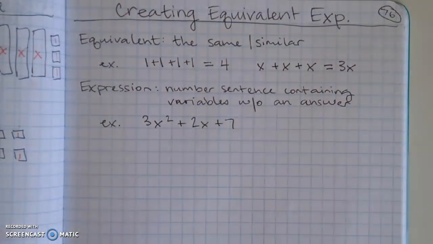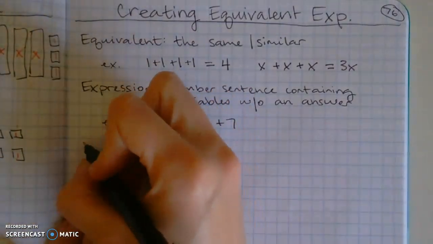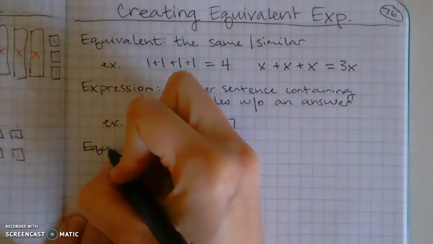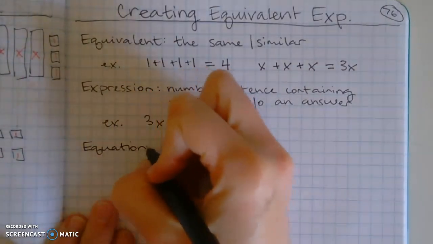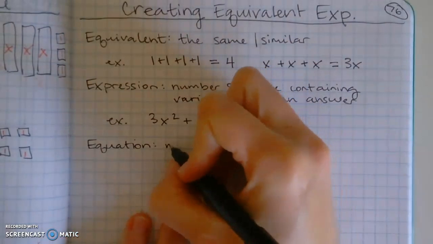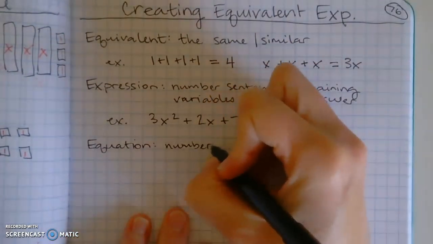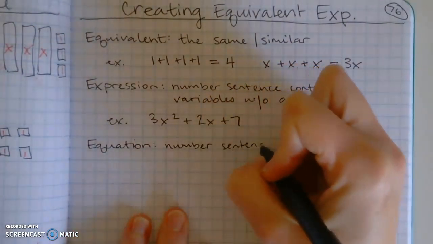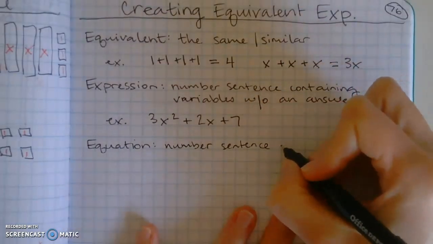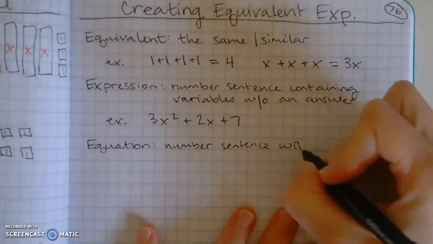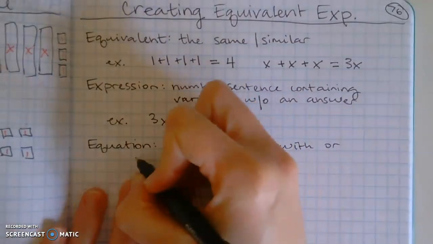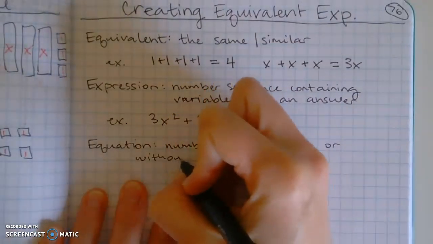An equation is slightly different than that. An equation is a number sentence with or without variables.